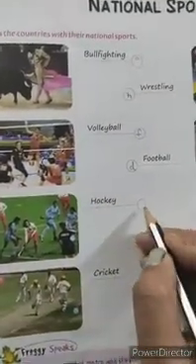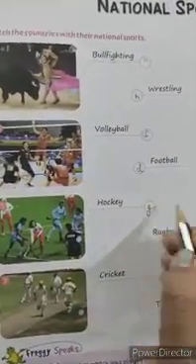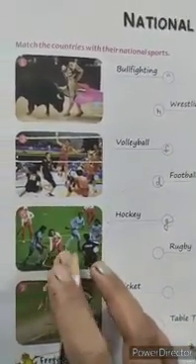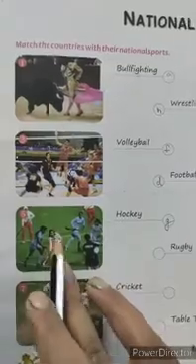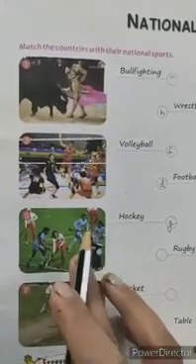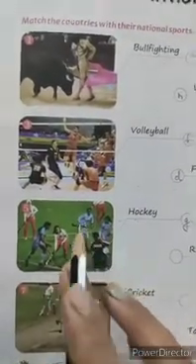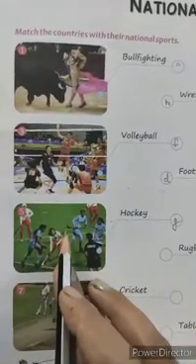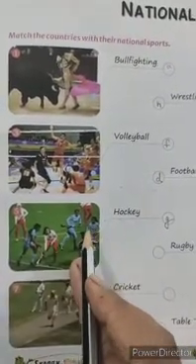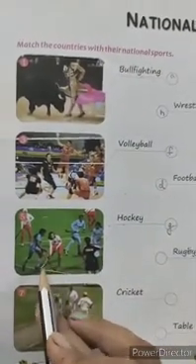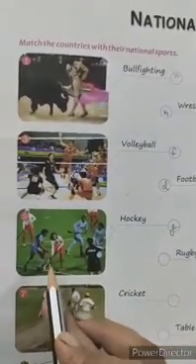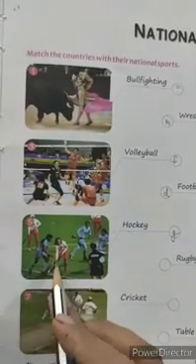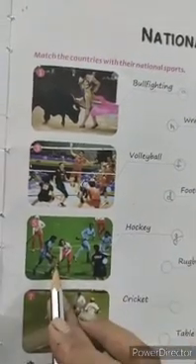So we will write over here G. Now, hockey is also a team sport in which two teams play against each other by trying to maneuver a ball or a puck into the opponent's goal using a hockey stick. A small ball and a hockey stick are used, and they try to put the ball into the other's post.